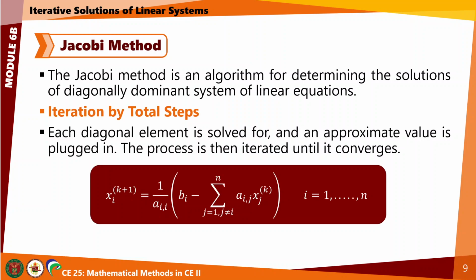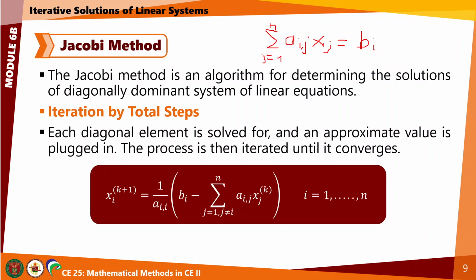Actually, nanggaling lang siya dun talaga sa summation lang, di ba? Summation of A, ij, this is your coefficient, and then your unknown, equals B sub I. j equals 1 to N. Alright, so this one, ang galing lang yan dyan.